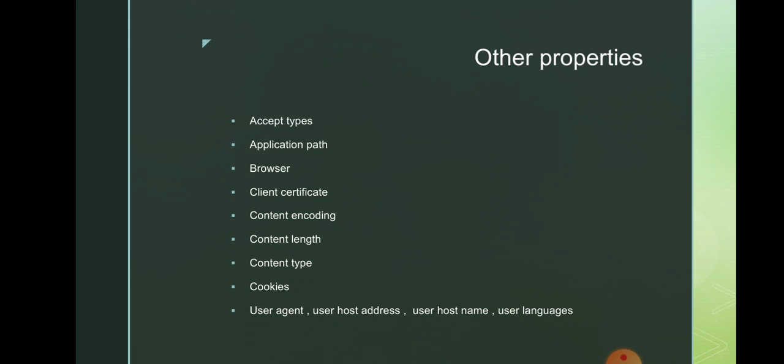Next, client certificate. It consists of certification fields. You all studied about the certificate in your last semester paper, information security. Just like each and every application must have a certification. That certification fields issued by the web browser.